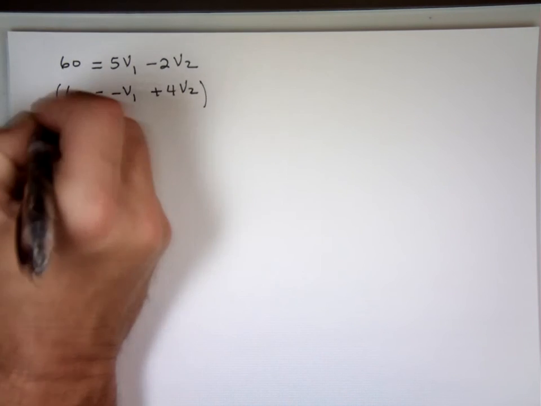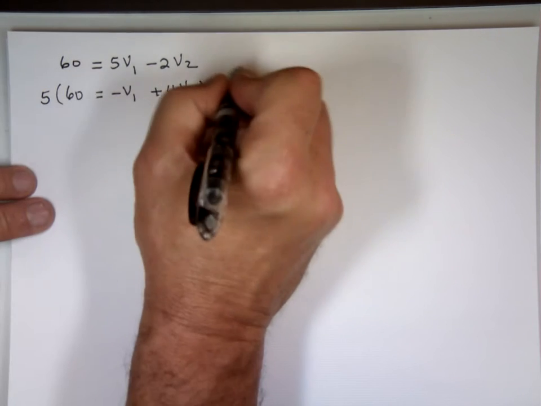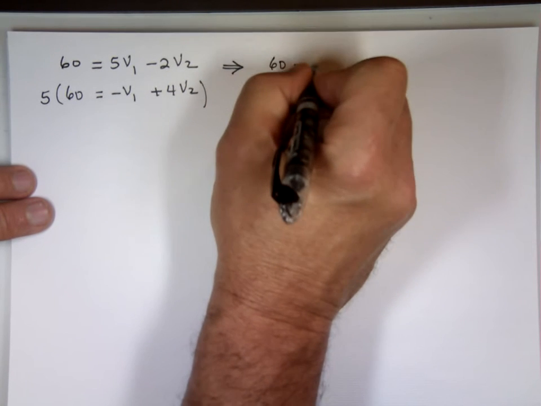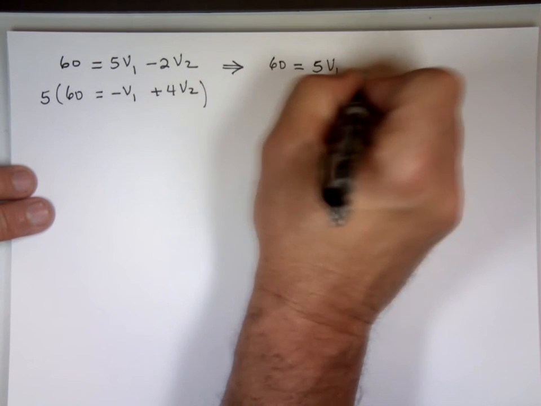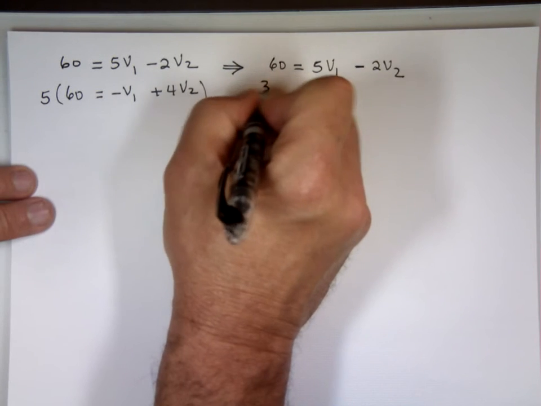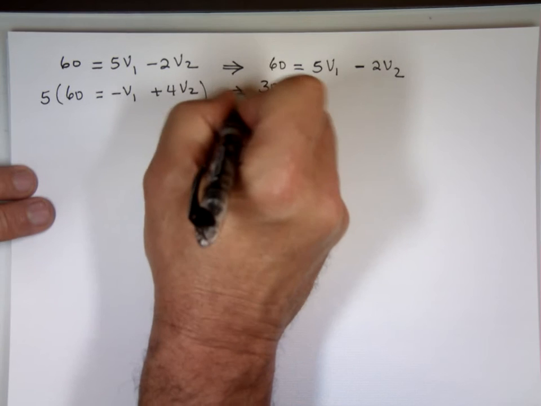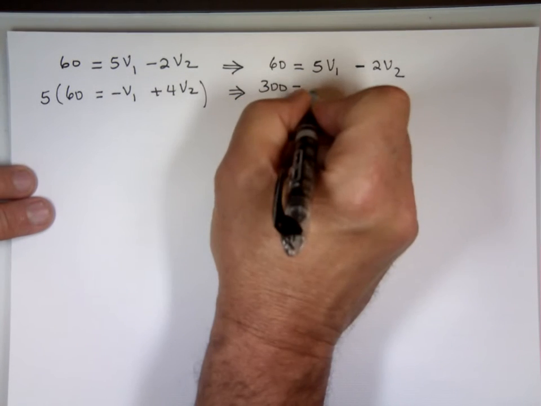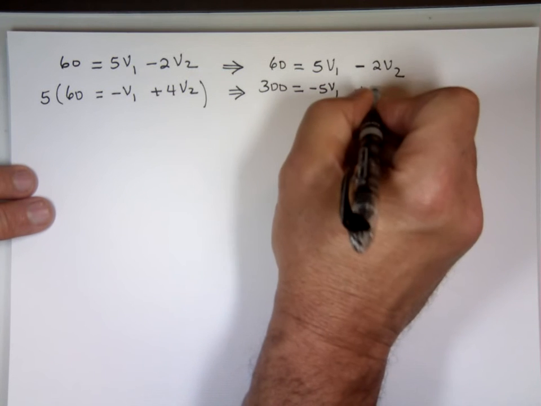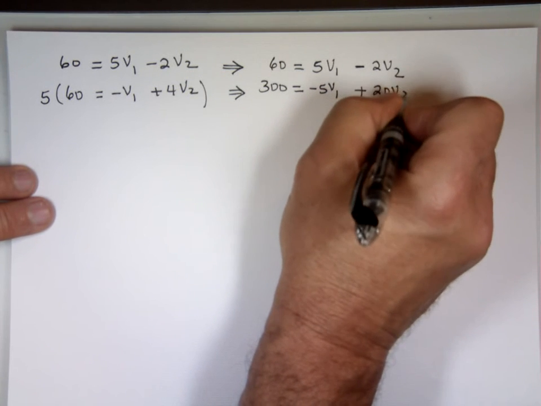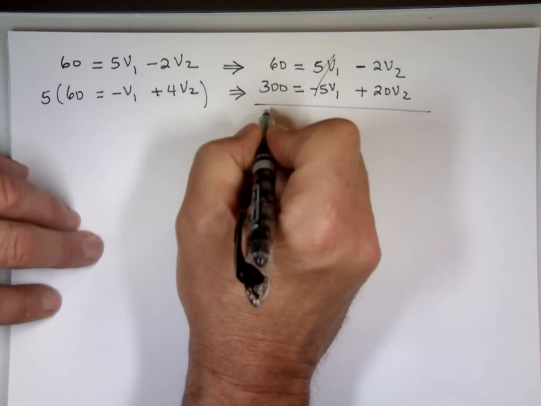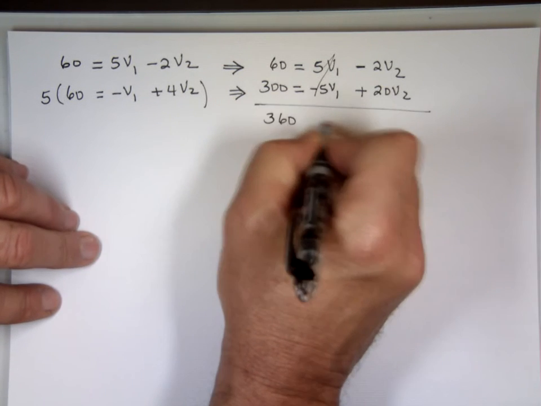You'll cancel V1. 60 equals 5V1 minus 2V2. 300 equals negative 5V1 plus what? 20V2. 360 equals 18V2.